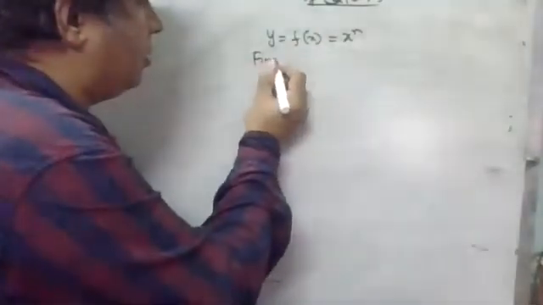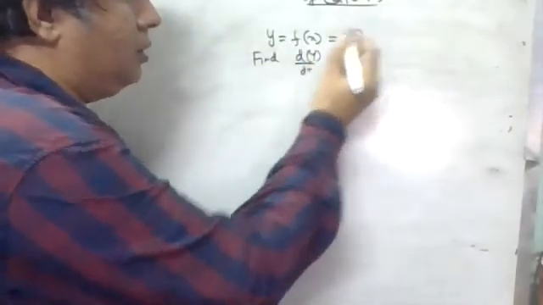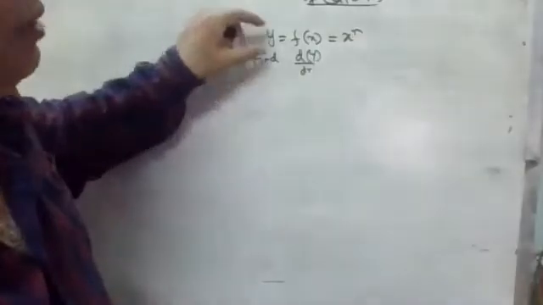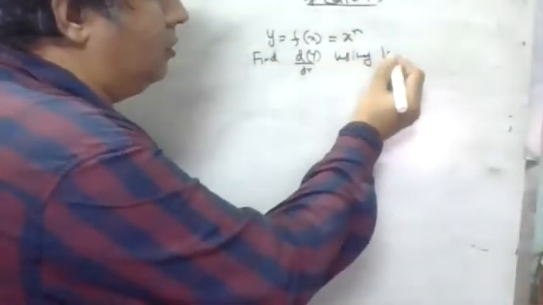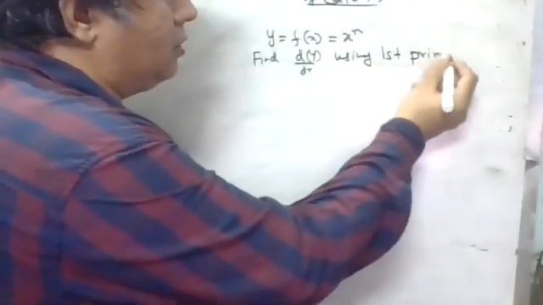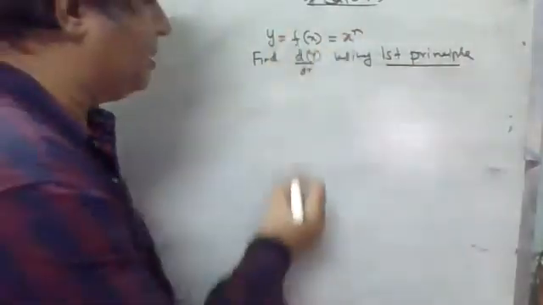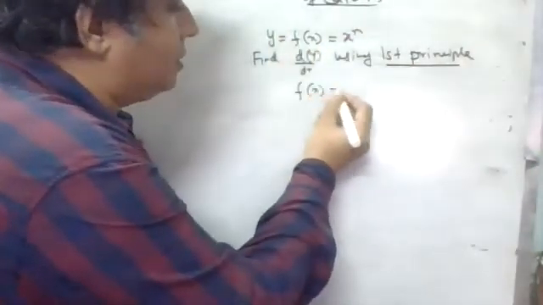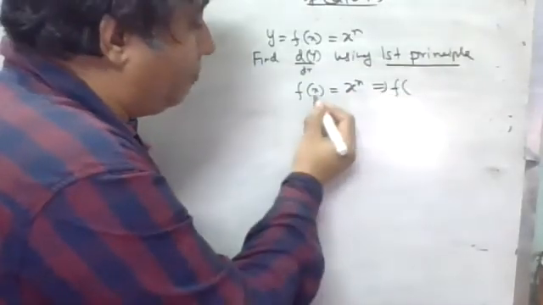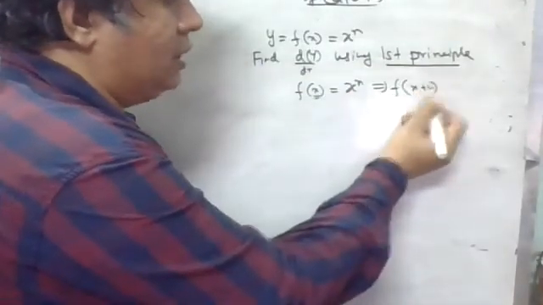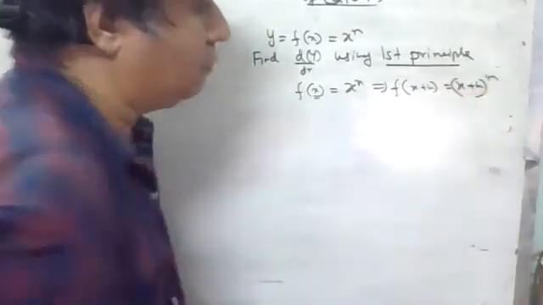Find d/dx of y, or differentiation of y with respect to x using first principle. See, f(x) is given, x to the power n, which implies, if I replace x by x plus h, this implies (x plus h) whole to the power n.